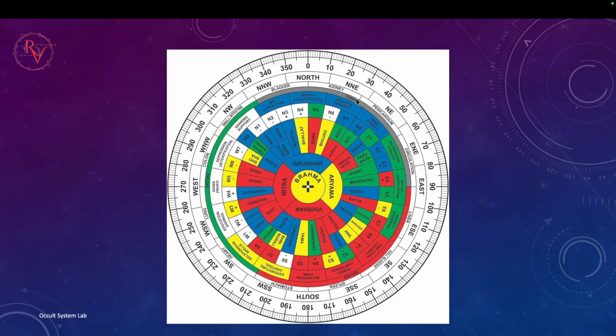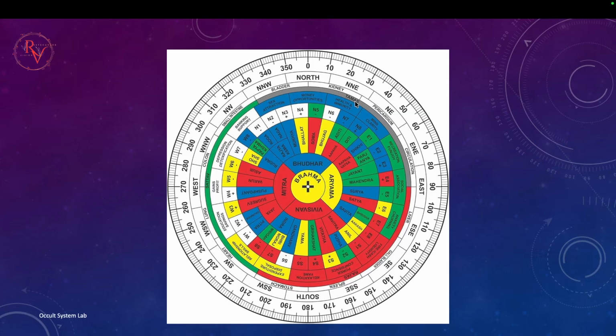Next, in the last video, I talked about the various energy fields, right? So you can see this Bhudar is the deity for the north direction.